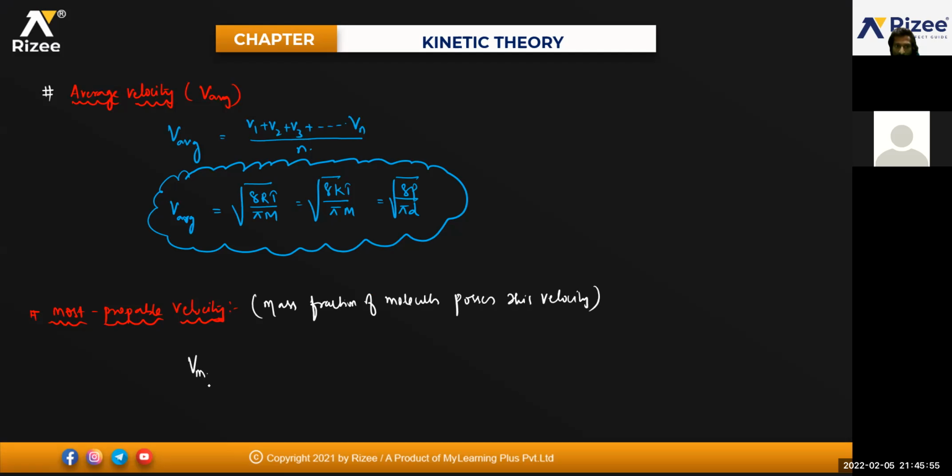So V most probable speed will be equal to under root of 2RT divided by capital M. That is equal to under root of 2KT divided by capital M. That is equal to under root of 2P divided by density rho.